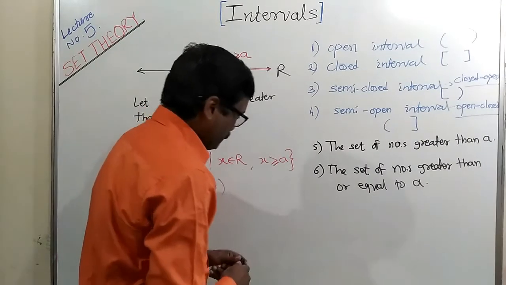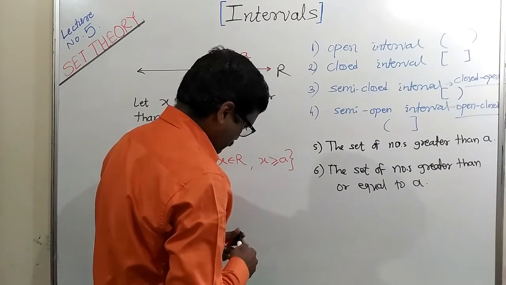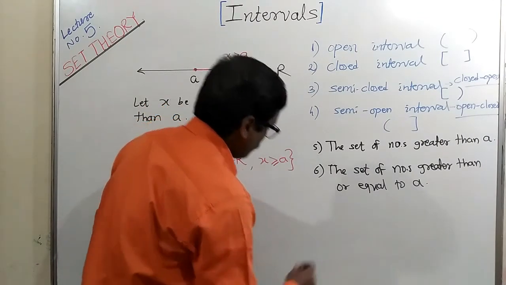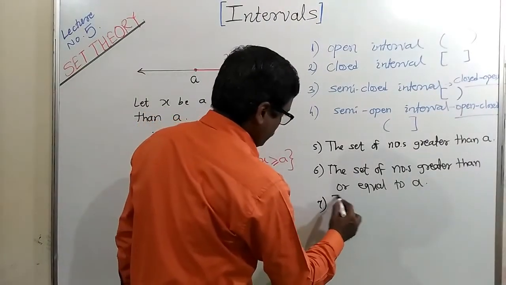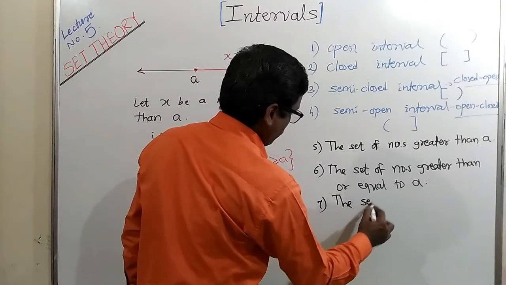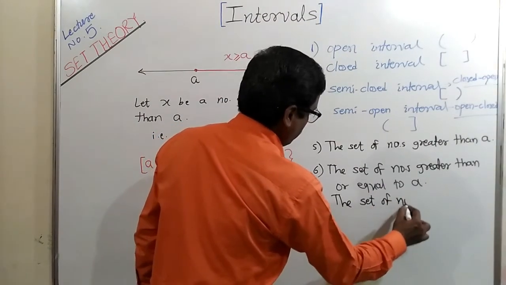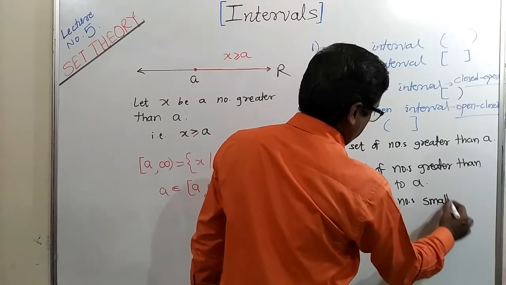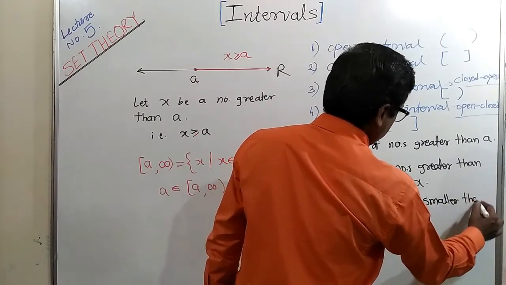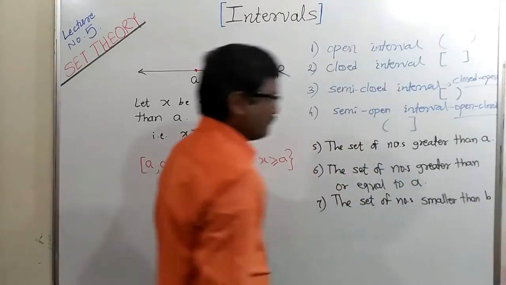Let us see the next one. The set of numbers smaller than B. Let us take B now.